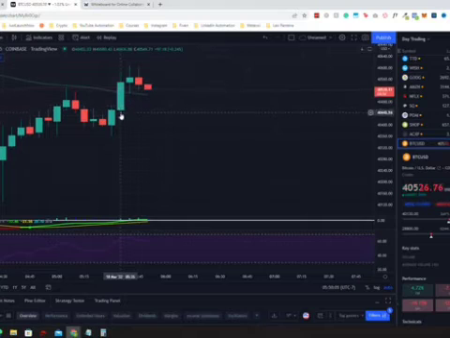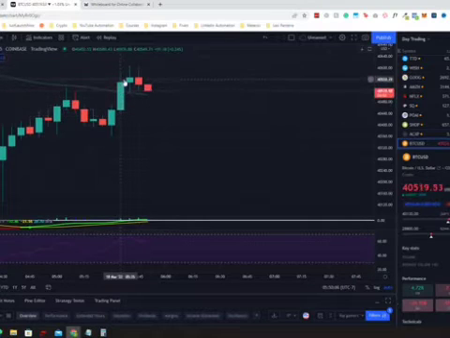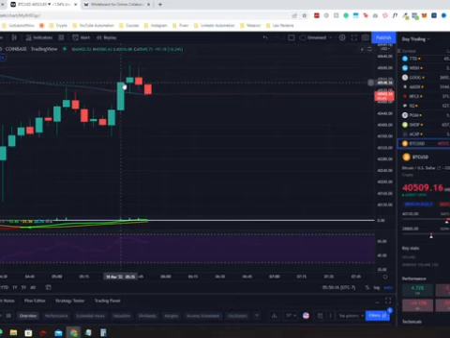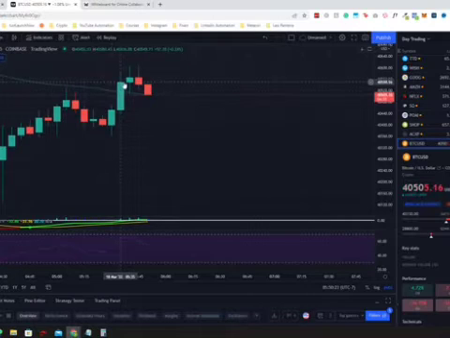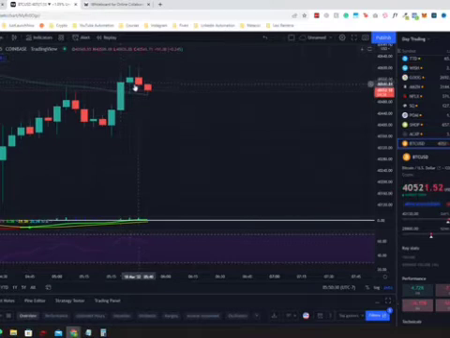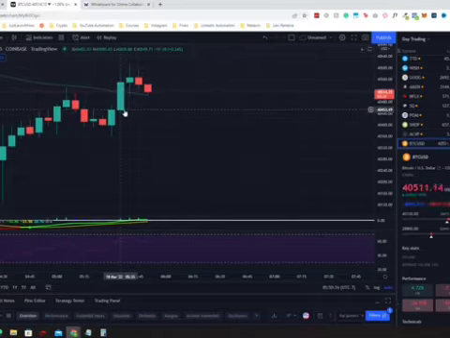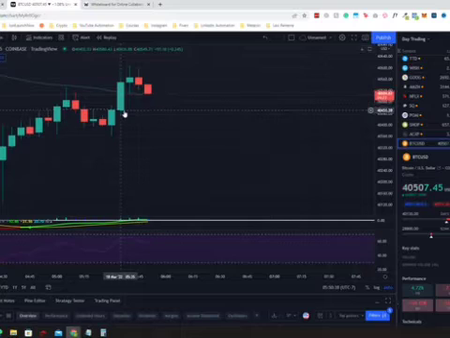So it went down a little bit, it went up, up, up, up, and went up again, and it came down, and it closed. So at the end of the 5 minute time frame, it closed at the top here, which is $40,549.71.